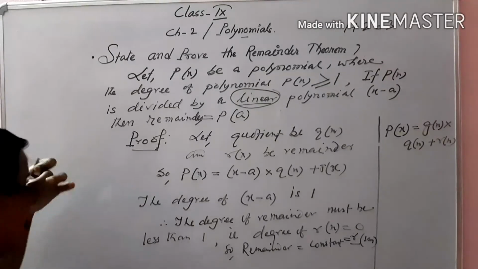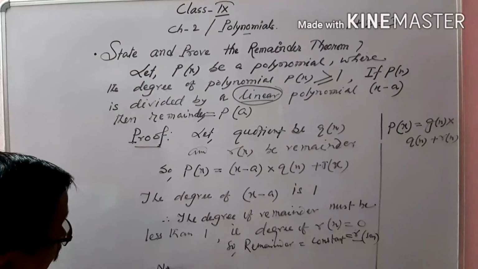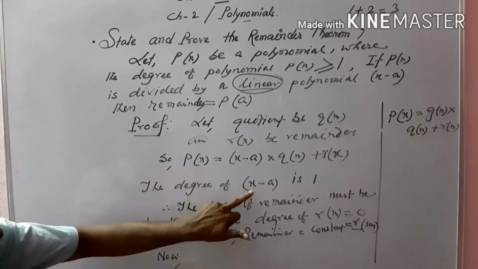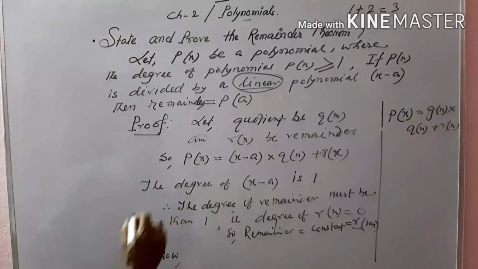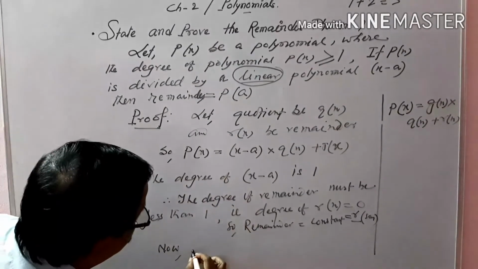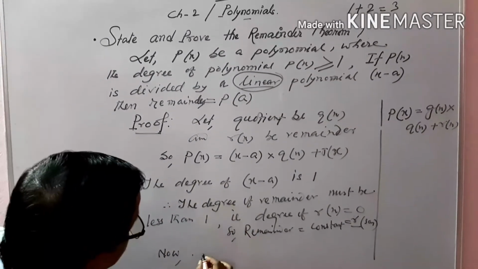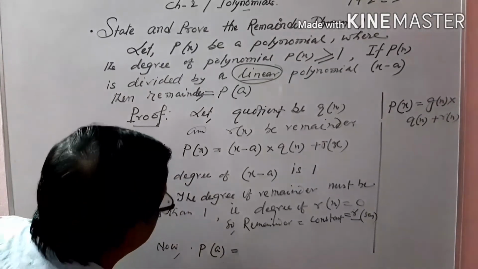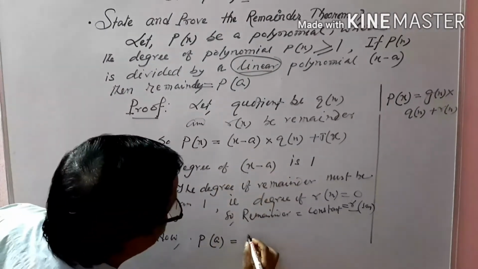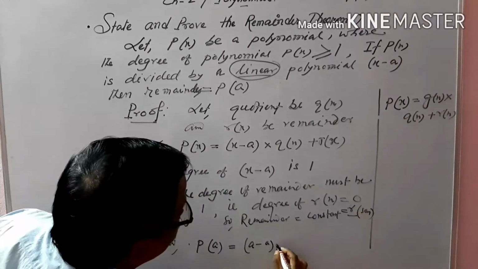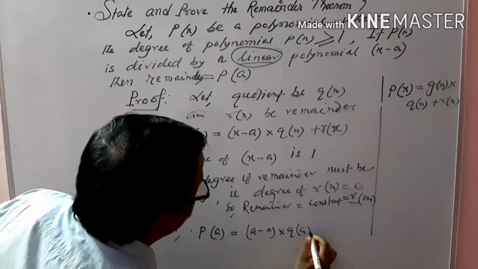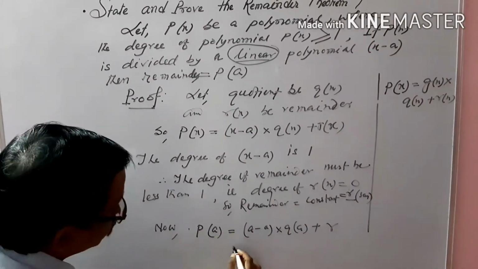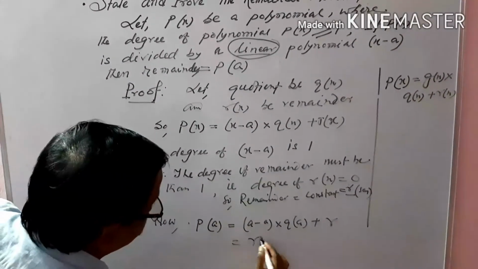Okay. Now, what can we write? As we are dividing by x minus a, if you consider x equal to a, instead of P(x), P(a), from this one we can write P(a) equal to, putting the value a minus a, into Q(a) plus R. So that is going to be cancelled, this one is 0, and remaining.